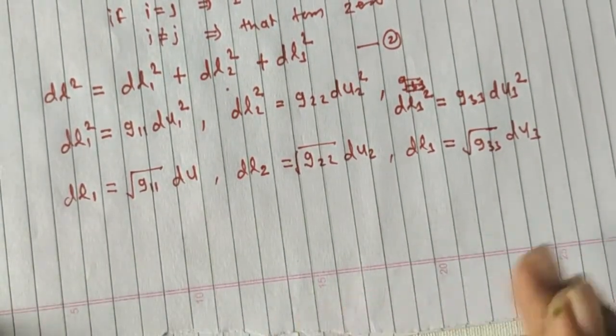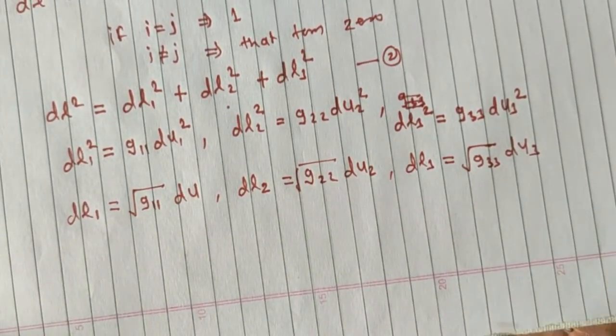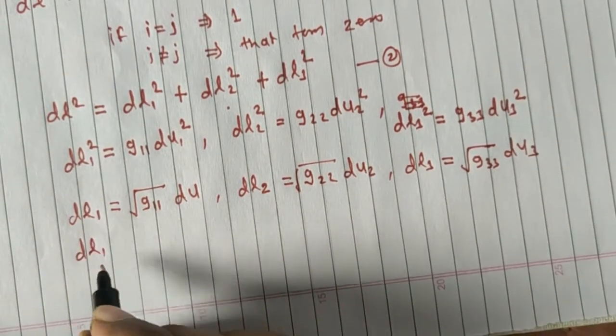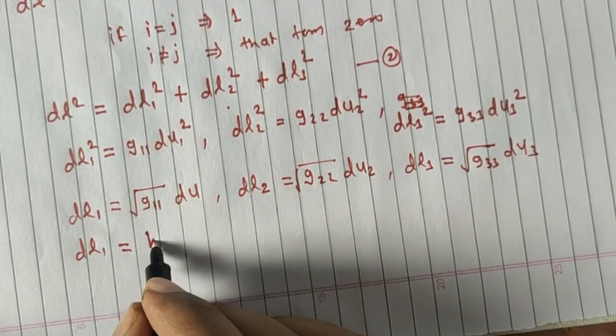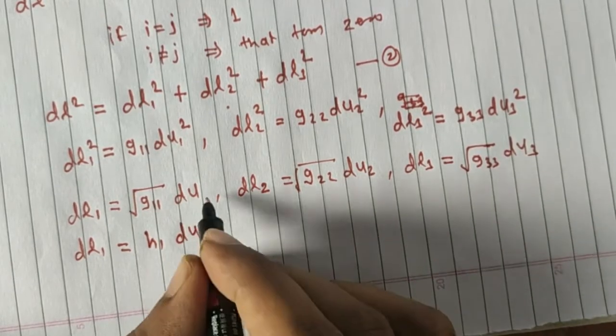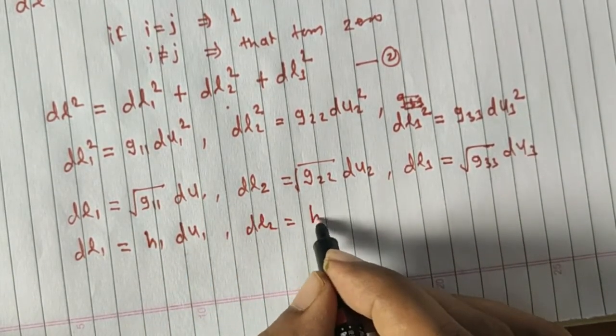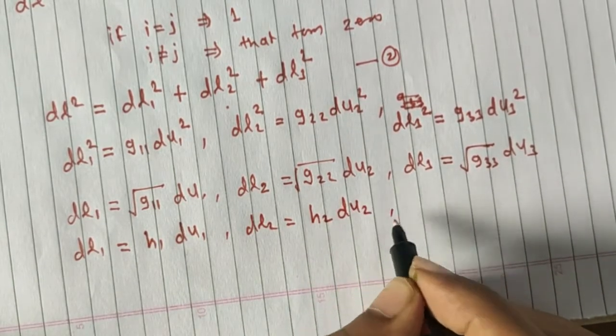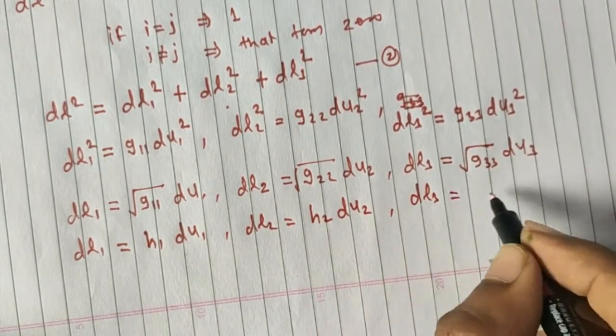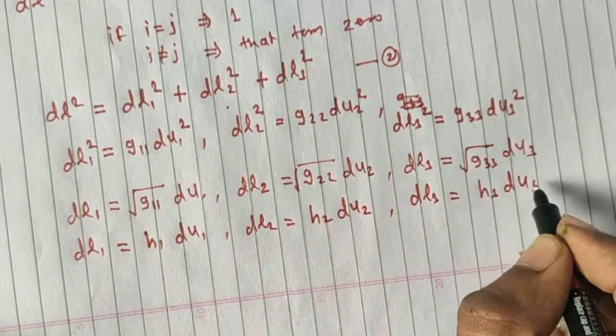Now I am going to think about the scale factor. I am going to write it like this: dl1 is equal to h1 du1, dl2 is equal to h2 du2, dl3 is equal to h3 du3.